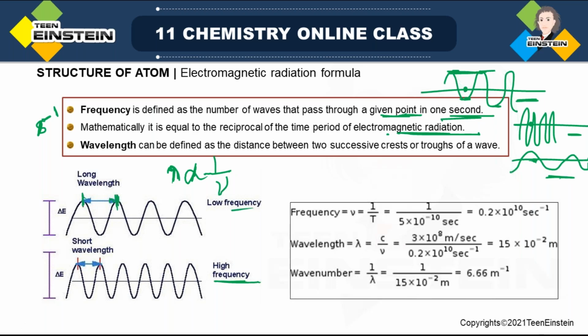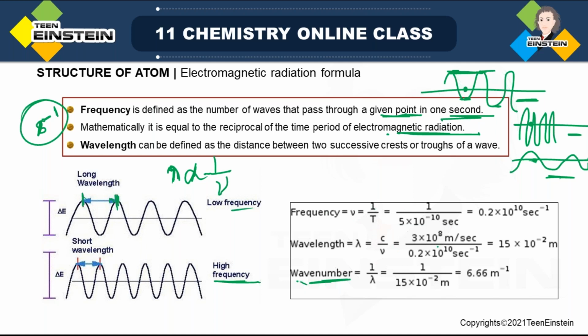If you solve this simple problem, the idea of frequency, wavelength, and another term that is also used, wave number, will be clear. Frequency, as we know, has the unit second inverse. So obviously it will be 1 by time.